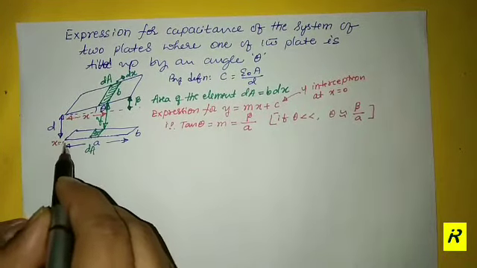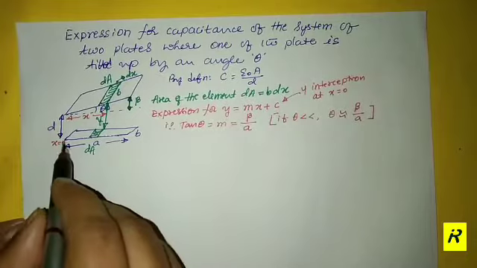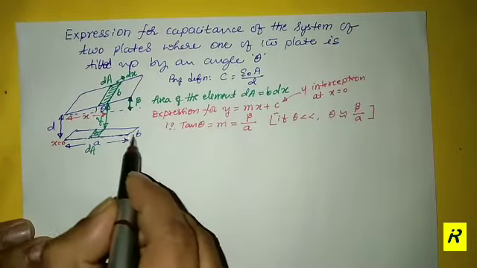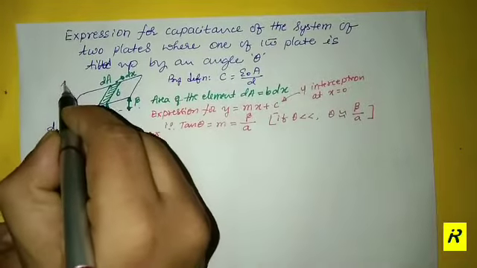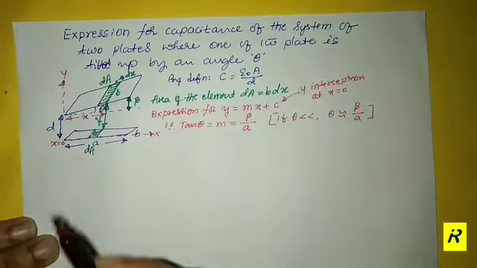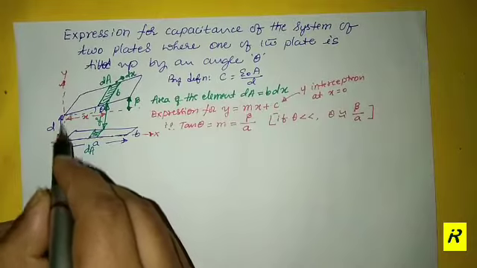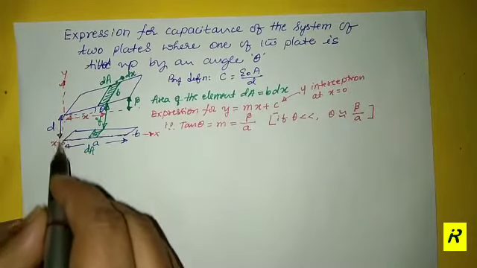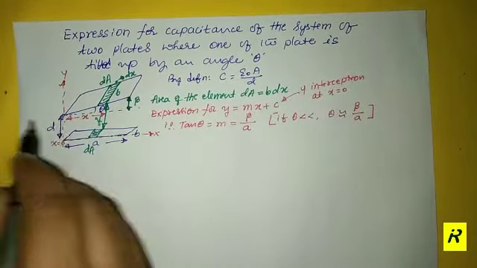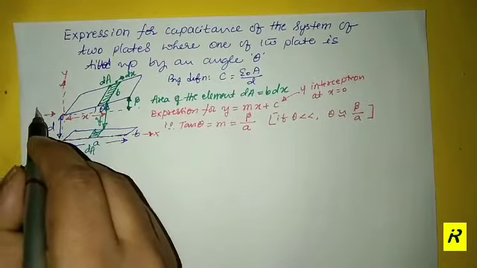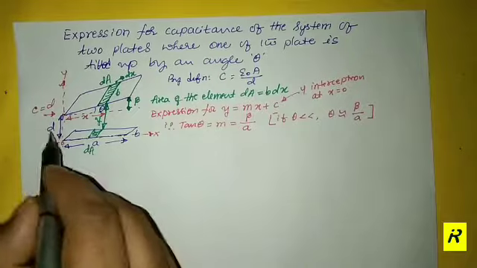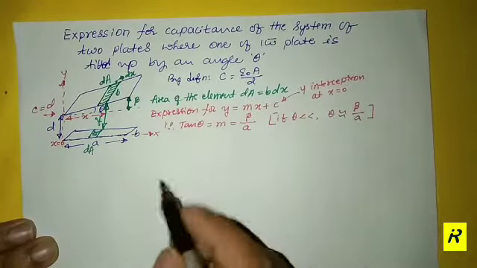So at x equals 0, what is y? Because we are treating the x-axis along this line and the y-axis along this line. At this position, the value of y is from here to here. So c equals D.